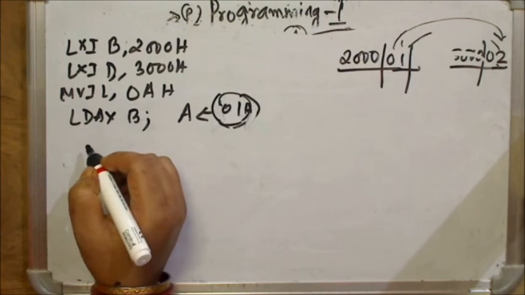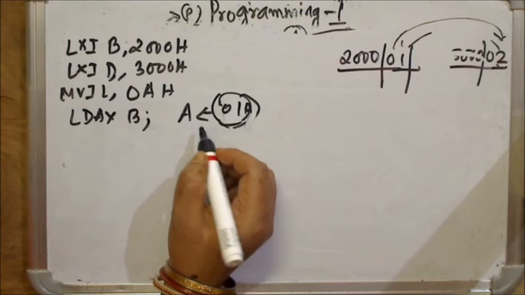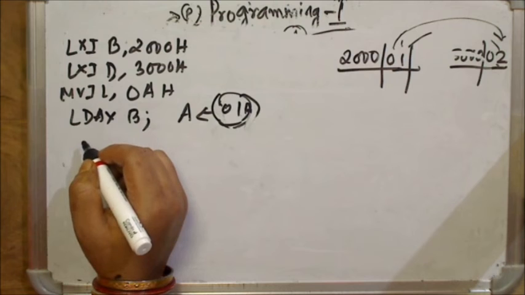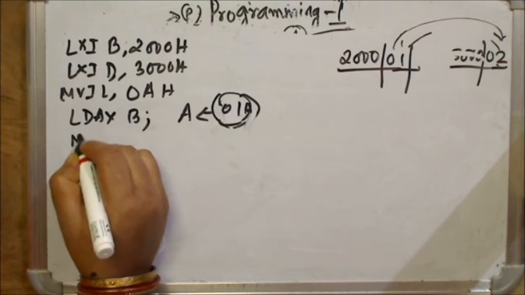So we have taken the data 01H into A. What do you have to do next? From A you have to transfer into H. What is the instruction?